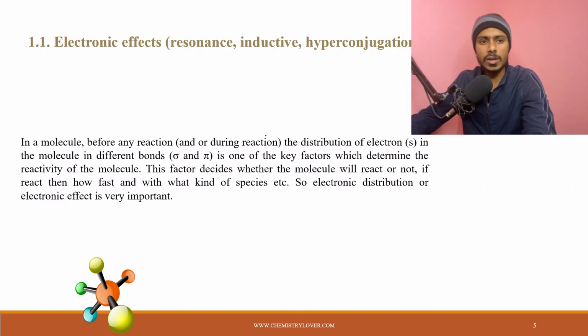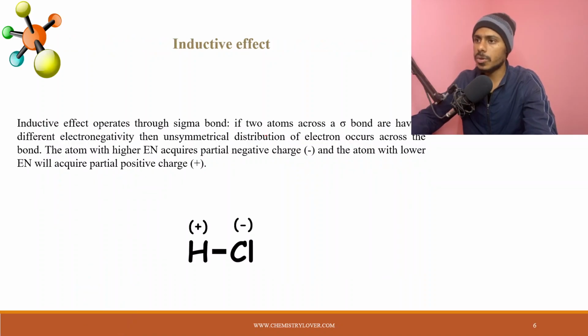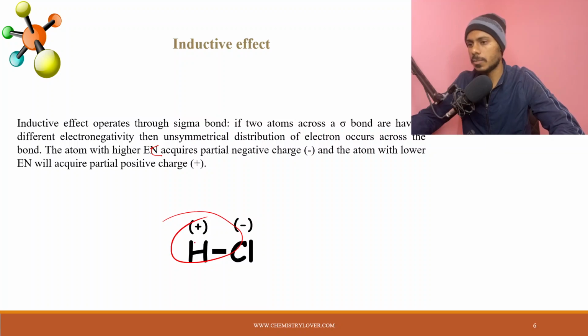Now, there are three kinds of effects: resonance, inductive, and hyperconjugation. First, we will start with the inductive effect. What is meant by that? As the name suggests, inductive effect means induction of something, right? This is one example given here, the HCl molecule.